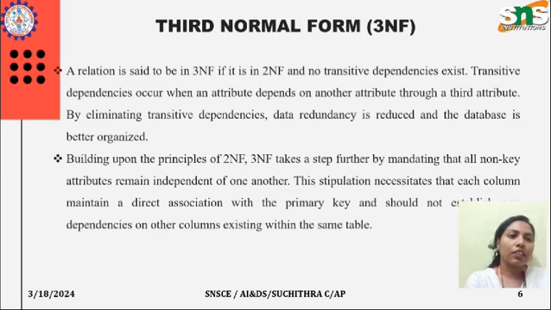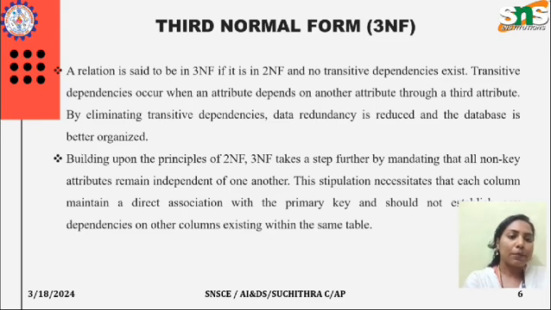Now we will see the third normal form. A relation is said to be in 3NF if it is in 2NF and no transitive dependencies exist. Transitive dependencies occur when an attribute depends on another attribute through a third attribute. By eliminating transitive dependency, data redundancy is reduced and the database is better organized.